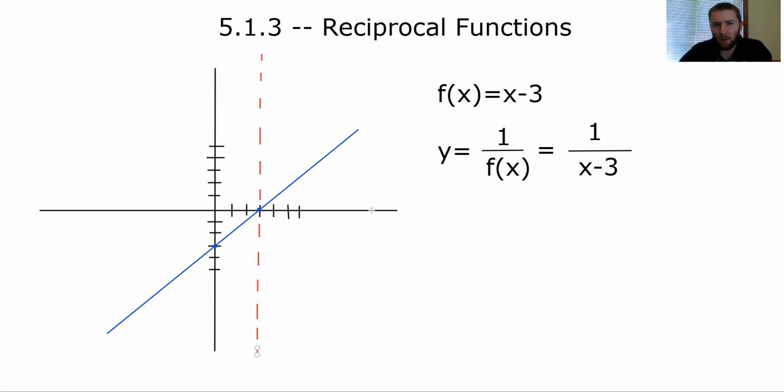And I'm going to have a horizontal asymptote at the same place that it always is, at y equals 0, at this x-axis. That's going to be my horizontal asymptote.